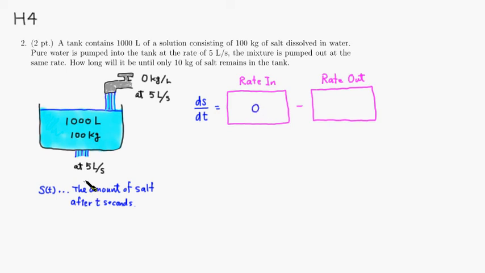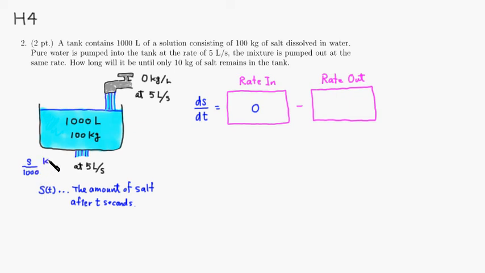But we know that after t seconds, you're going to have s kilograms of salt, and the amount of solution is 1,000 liters. So the concentration is going to be S over 1,000, kilograms per liter.